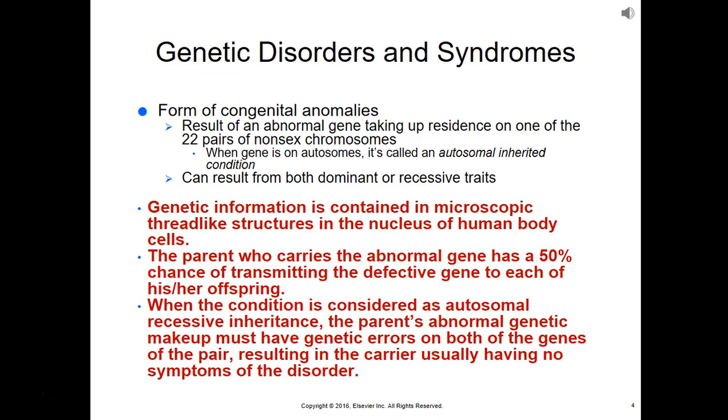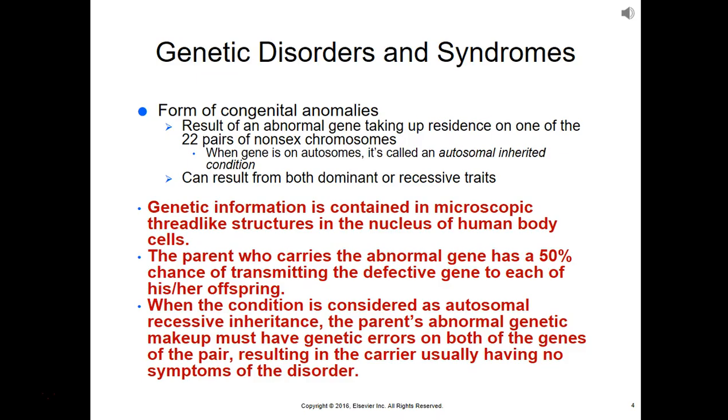Genetic information is contained in microscopic thread-like structures in the nucleus of the human body cells. And take you back to biology, high school biology. Most people know that DNA, RNA, mRNA, all of that is located within the nucleus of the cell, and the whole entire human body is made up of different types of cells.